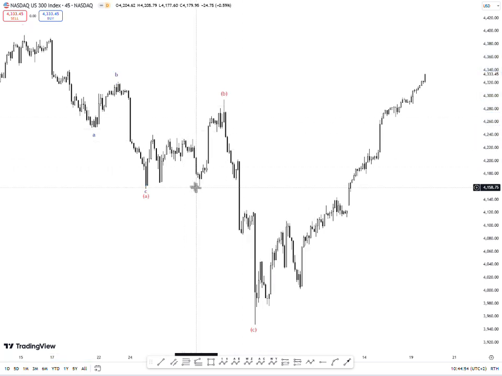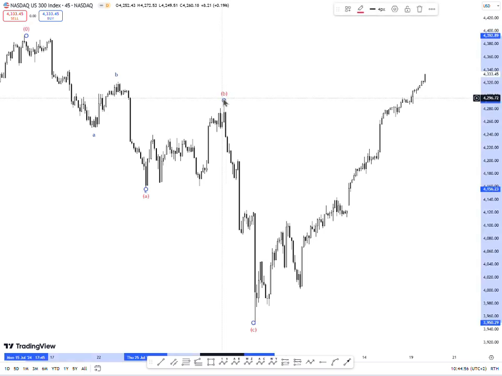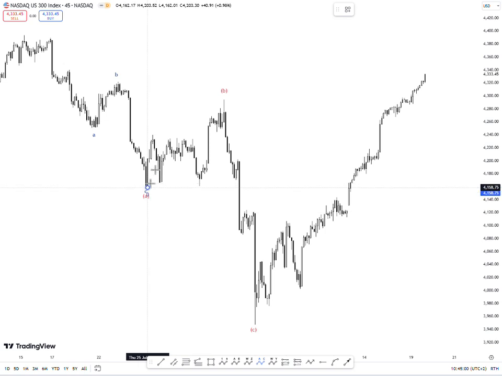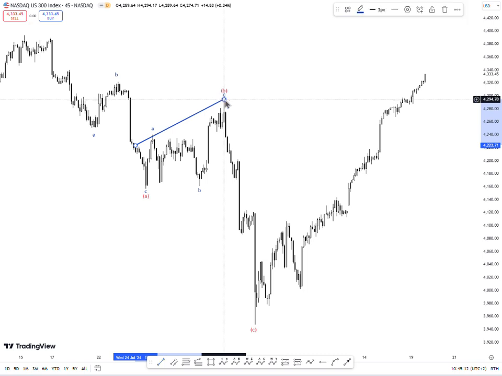And then again, subdivision and ABC, A, B, C, A, B, clear pattern that indicates that it is indeed corrective.